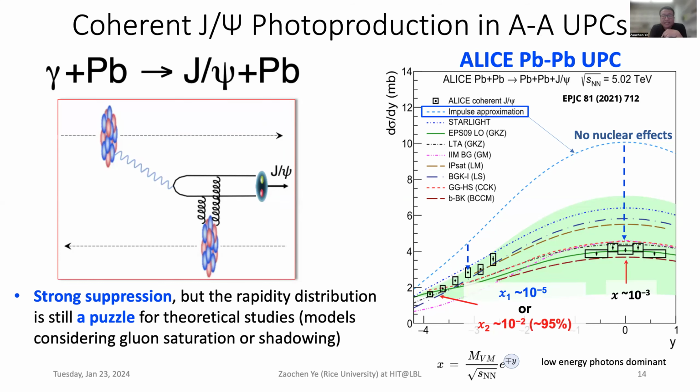Each data point shown in this figure includes contributions from both small-x gluon interactions and high-x gluon interactions. For example, if we look at rapidity around 4, it includes the contribution from x around 10^-5 and also from x around 10^-2. The latter actually contributes about 95%.